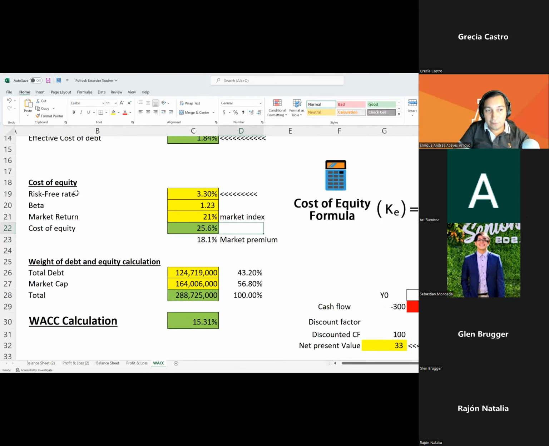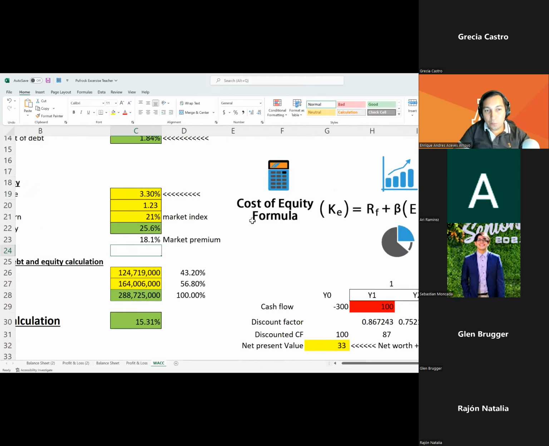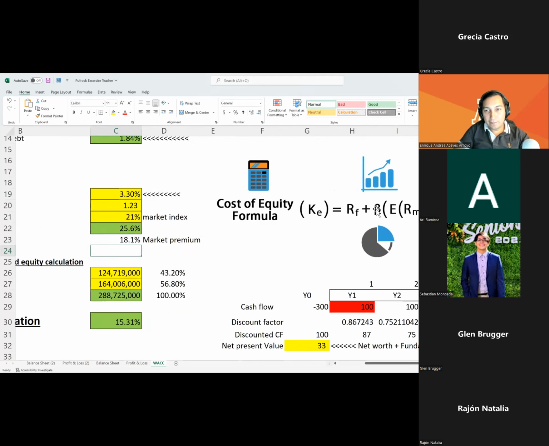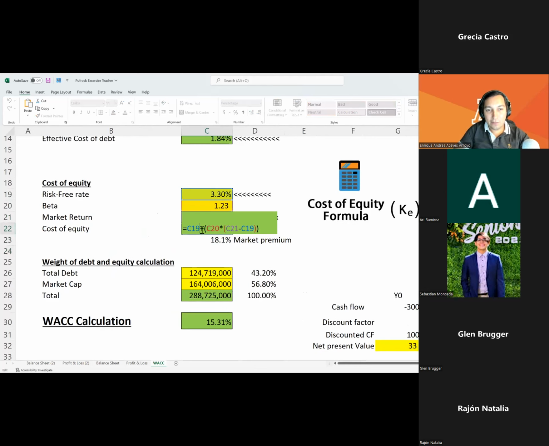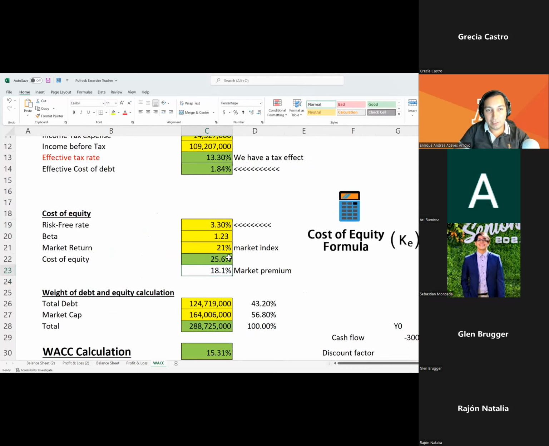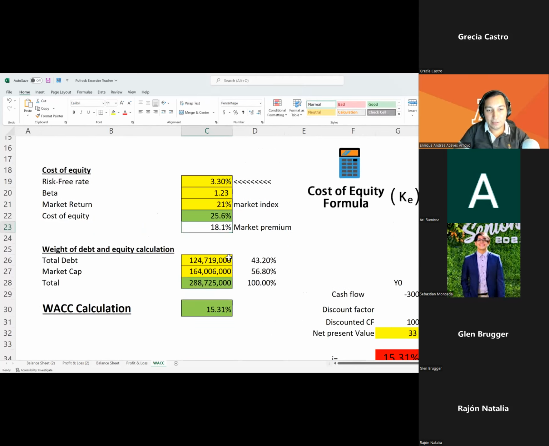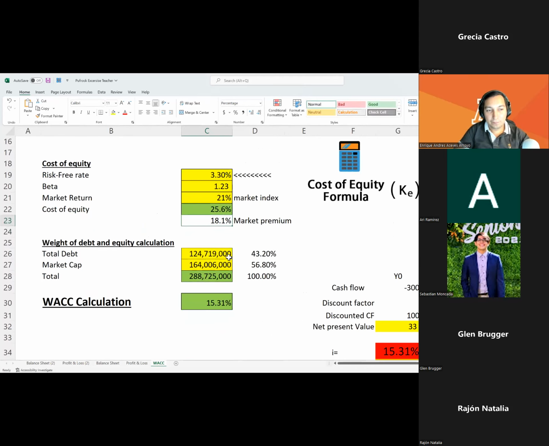That deduction is called the market premium, which is 18%, okay? 18% times 1.23 plus the 3% gives you the cost of the equity, which is 25%. Okay.